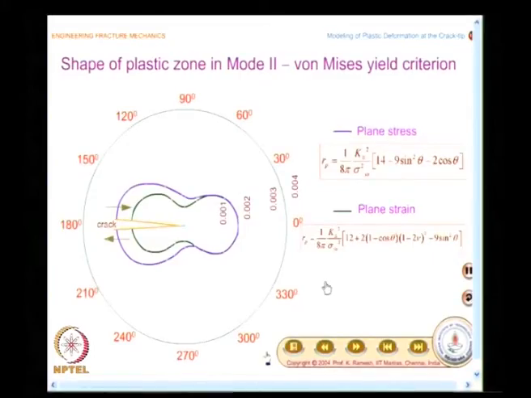Nevertheless, these kinds of plots give you some understanding of the relative sizes for plane strain and plane stress, and you can also notice how the shape looks. I have already shown you mode 2 isochromatics, similar to mode 2 isochromatics.